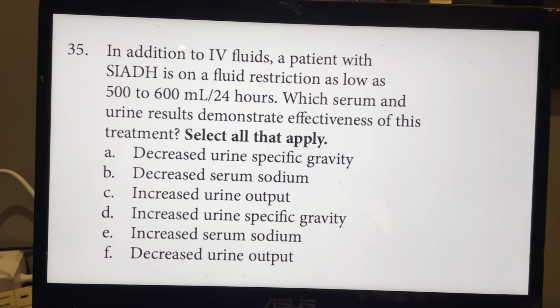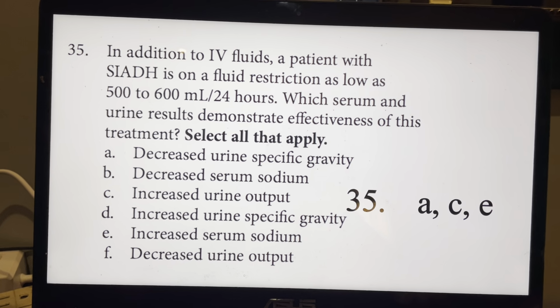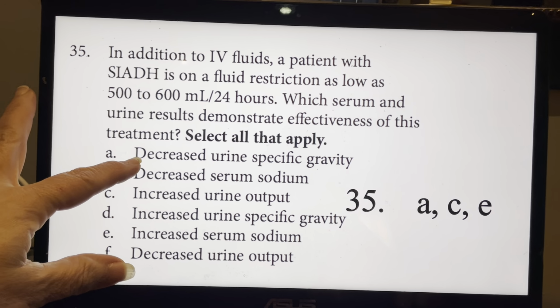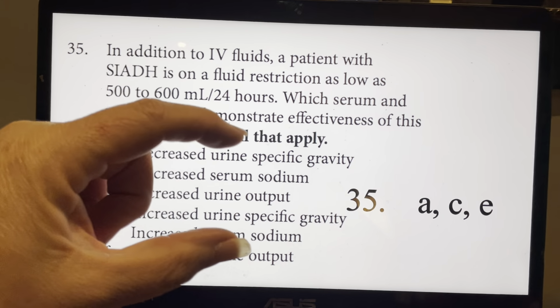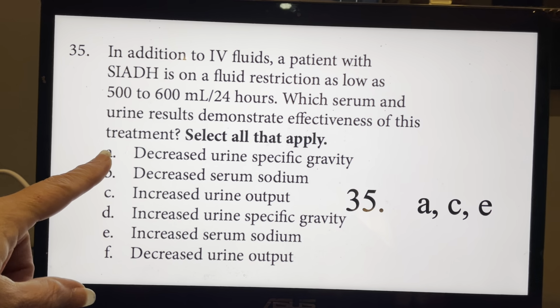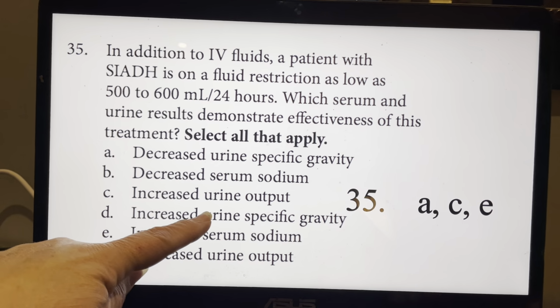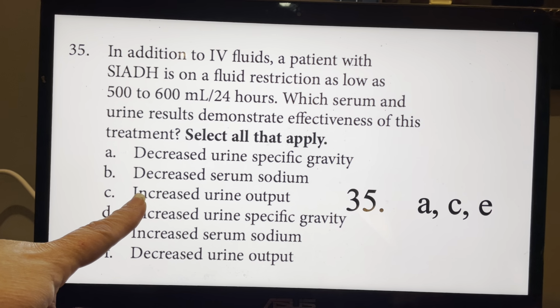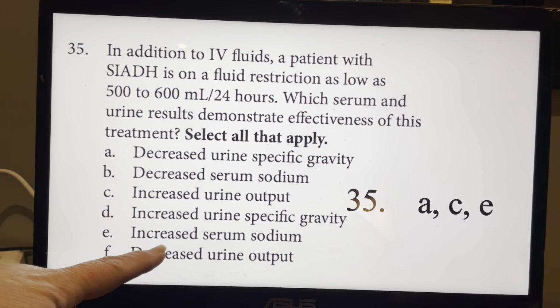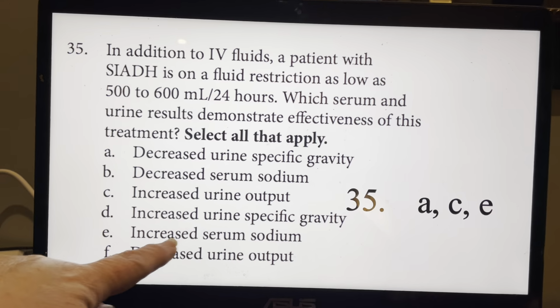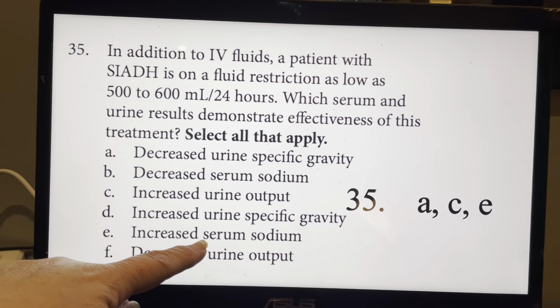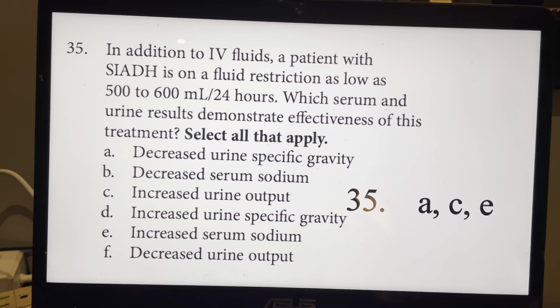Pause it and pick your letters. 3, 2, 1. A, C, and E. Decreased urine-specific gravity because what he was pissing was thick, and now it's not so thick. Increased urine output because he wasn't peeing much, and so he needs to pee more. And increased serum sodium because it was low. It was just so diluted with all the water he was holding. I hope that this is helping.